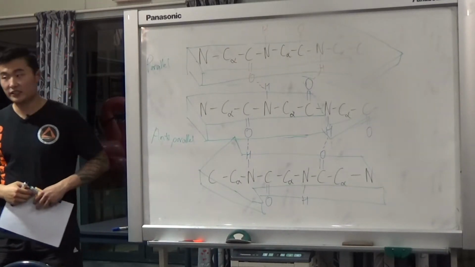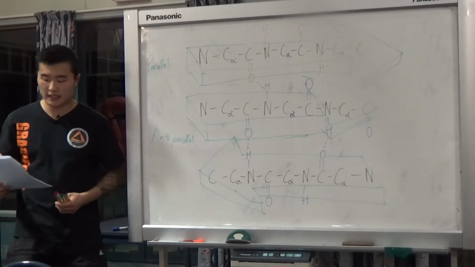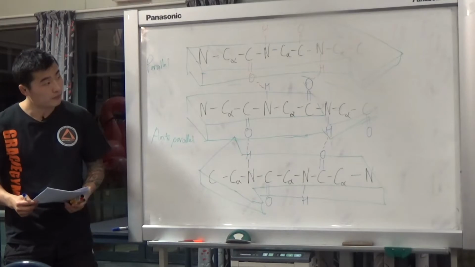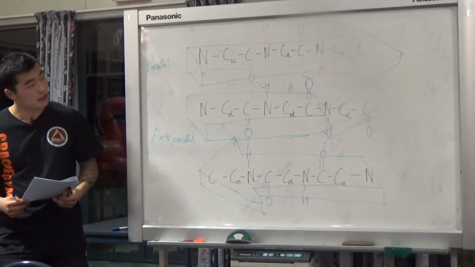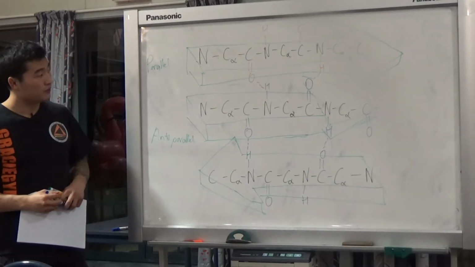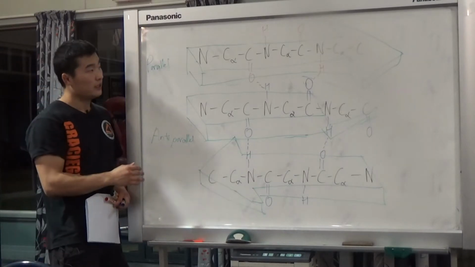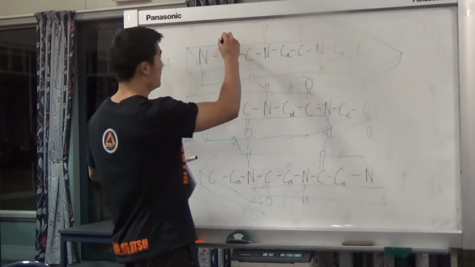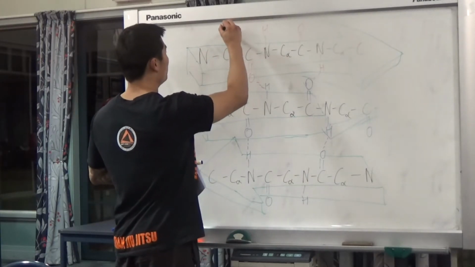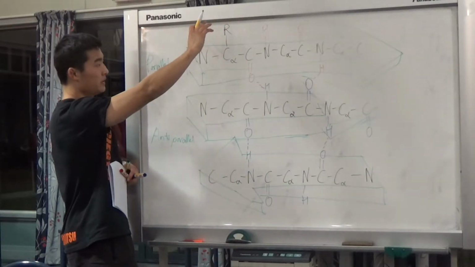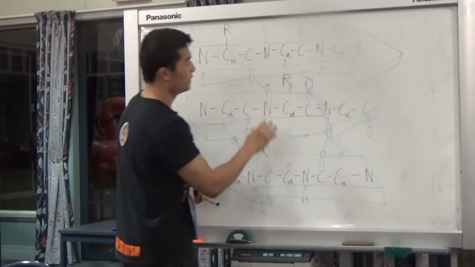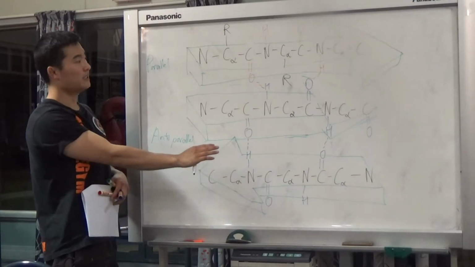So it's good practice to try and draw these, just try and get it into your head how they go. Okay, and if you were going to draw the R groups here as well, one of them would be above the plane of the beta sheet, and then the next one, the R group would be below the plane of this beta sheet.